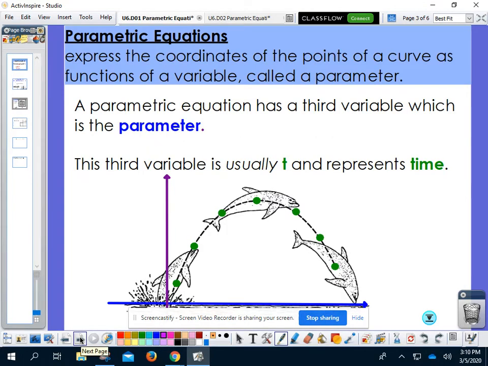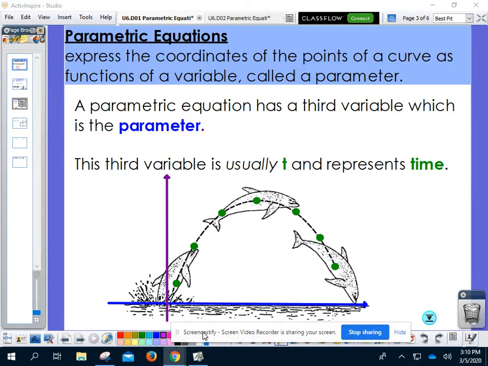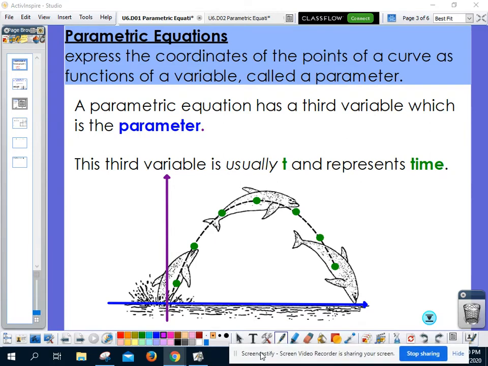So the definition of a parametric equation is where we have essentially three variables, and one of them we call a parameter. Based on this image of a dolphin coming out of the water, we can measure this x horizontal distance.